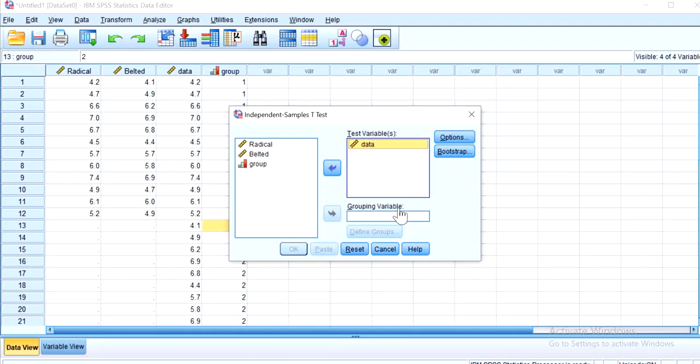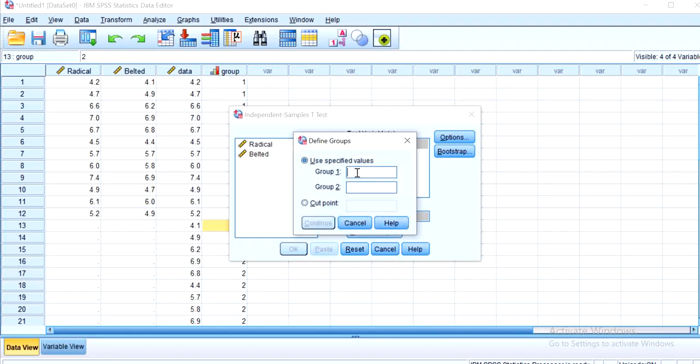You can see there is another column, which is a column of group variables. So you are entering the group. Now it is saying to define your groups. So group number 1 is 1 and group number 2 is 2.